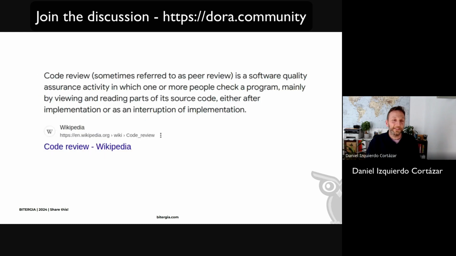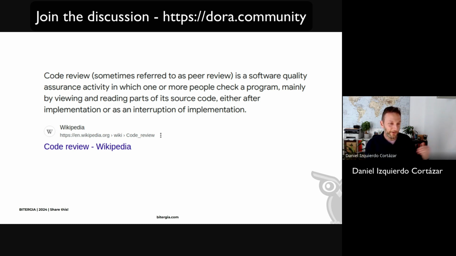But in any case, let's start with a definition of code review. This is coming from Wikipedia, one of the snippets from Google, of course, when you are looking for code review definitions. They focus a lot on software quality, right? As a way to keep track of and update the quality of the software.